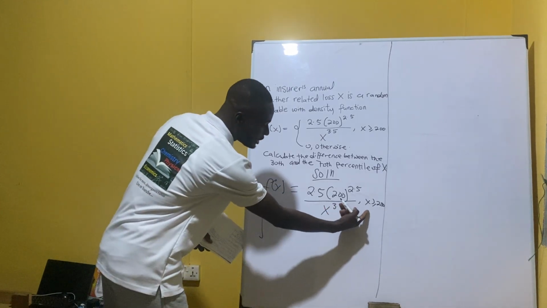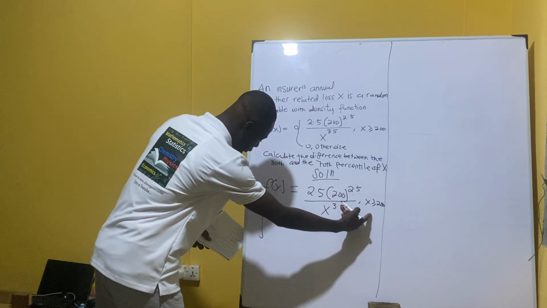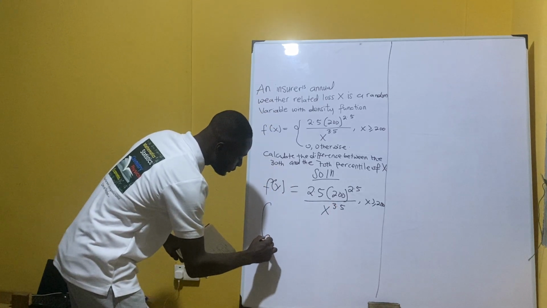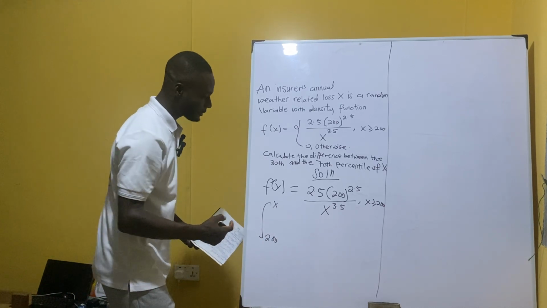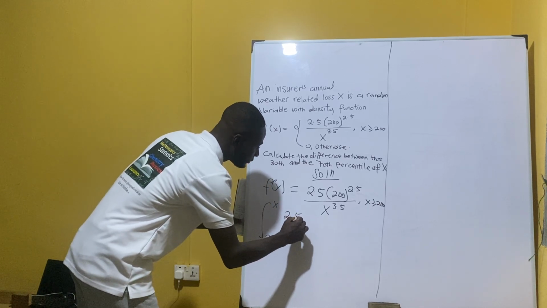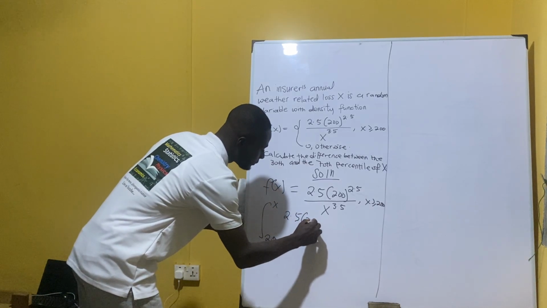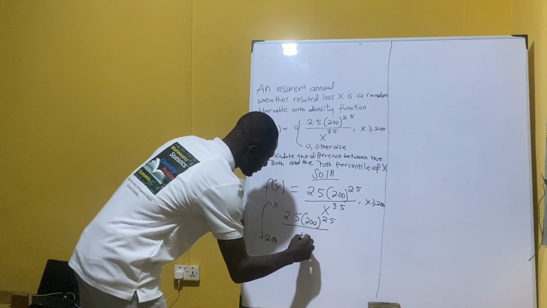from the range given. Looking at the range given, x is greater than or equal to 200. So we integrate from 200 to a variable x of the function.